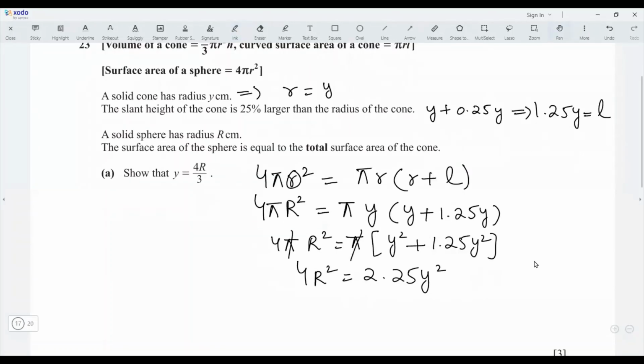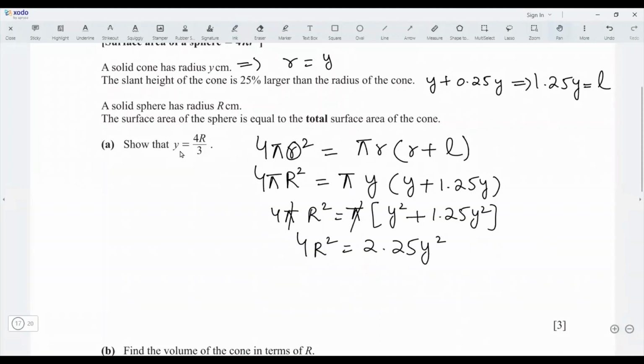So what we have to do to simplify is make y the subject. So dividing 2.25 onto the other side, it is y squared. In actual, we can do this by removing the decimal point and multiplying by 100 in the numerator.